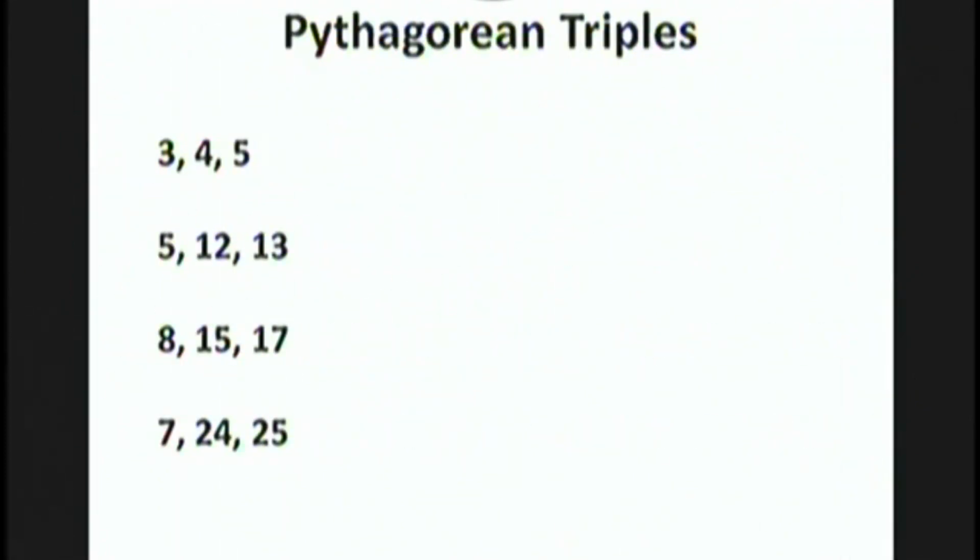It's also helpful to know the following Pythagorean triples, although it's not necessary. 3, 4, 5, 5, 12, 13, 8, 15, 17, and 7, 24, 25. If you know these triples, you can avoid actually going through the steps of the Pythagorean theorem in many cases. If you don't know them, then you'll just have to take an extra few seconds to perform the Pythagorean theorem.